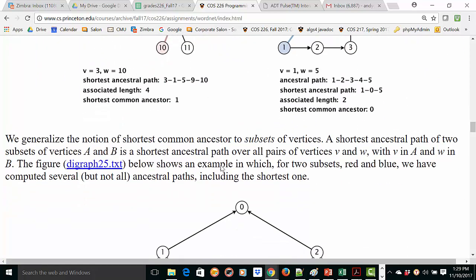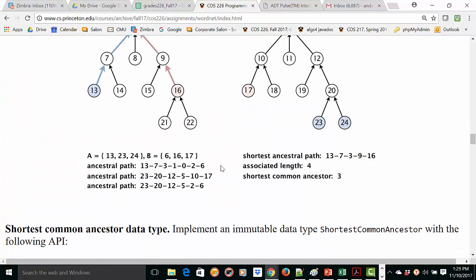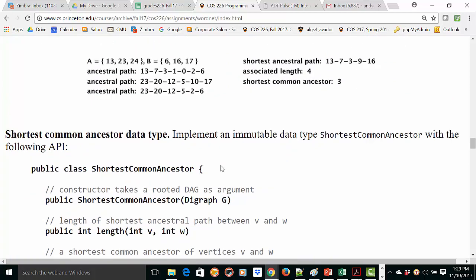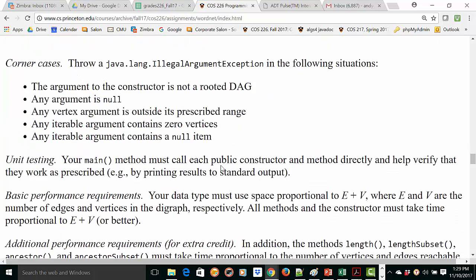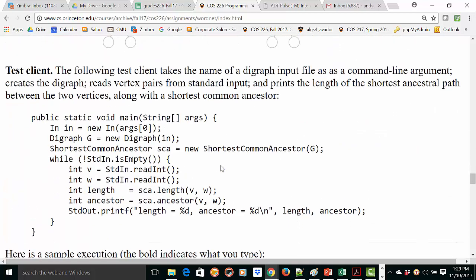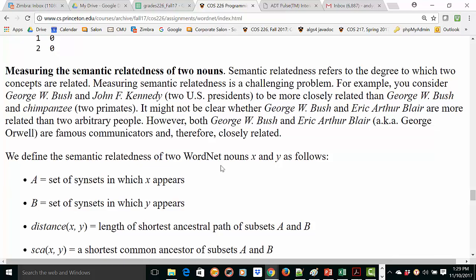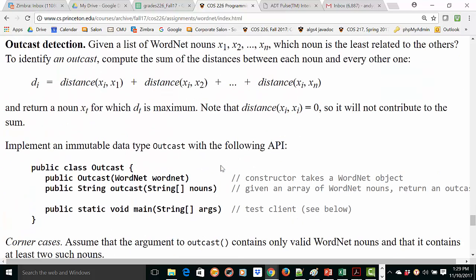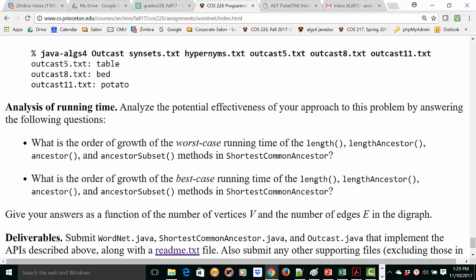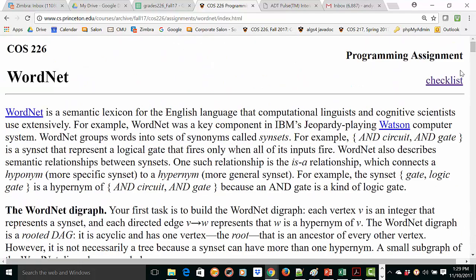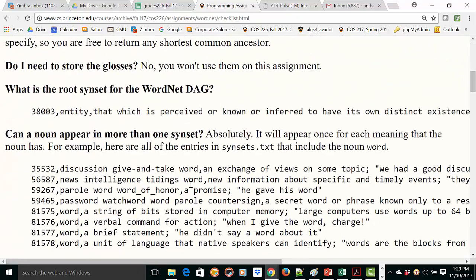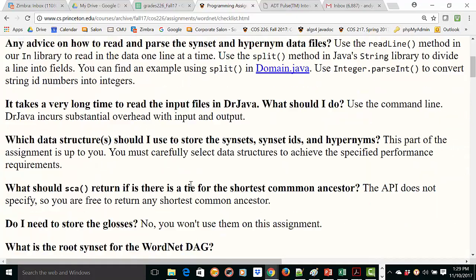There are a few things that I'd like you to pay attention to. When you're working on this, there are a number of files that can be helpful. For instance, if you go to the checklist, there's a digraph.